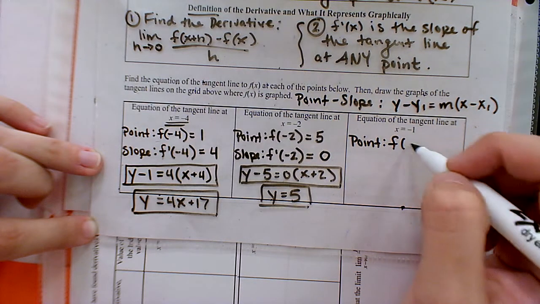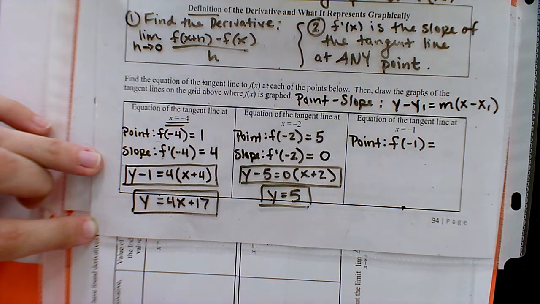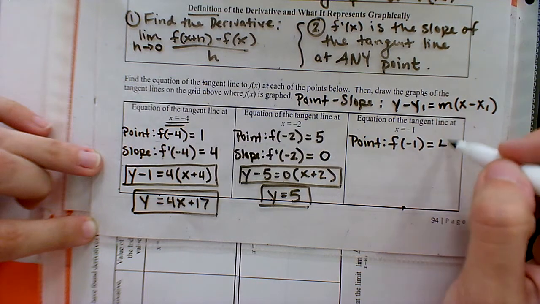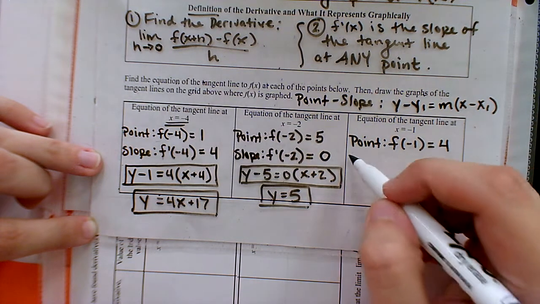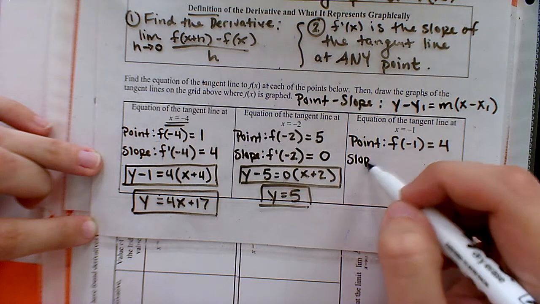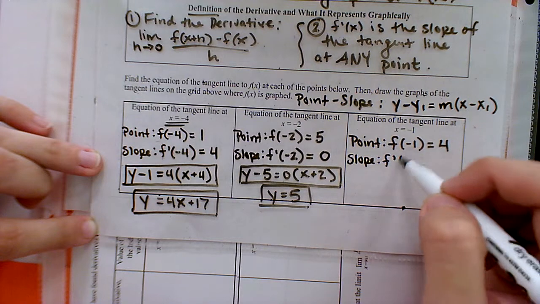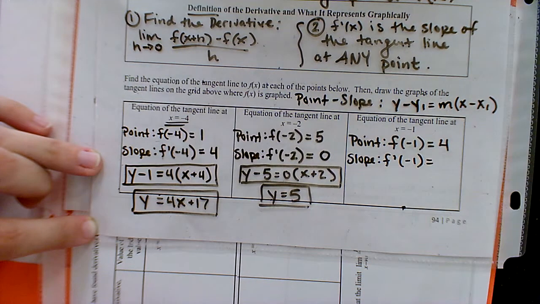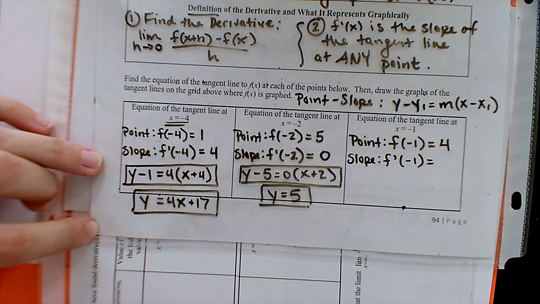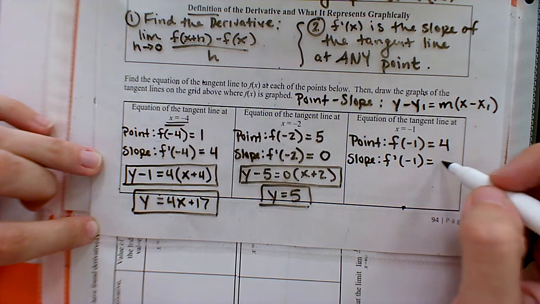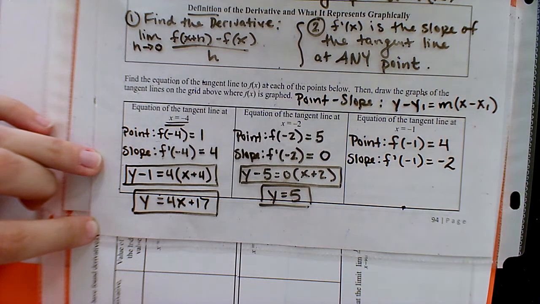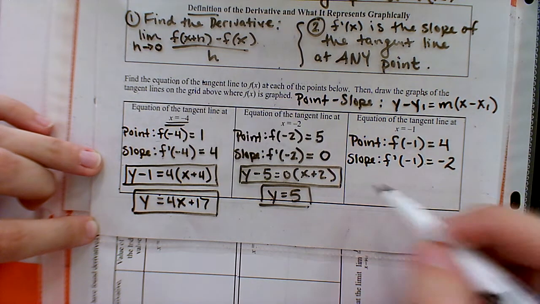If we were to plug in -1 into the original equation to give us the point on the graph, we said we had a height of 4. And if we were to plug in -1 into the derivative to give us the slope at that point, from the table we said that was -2.